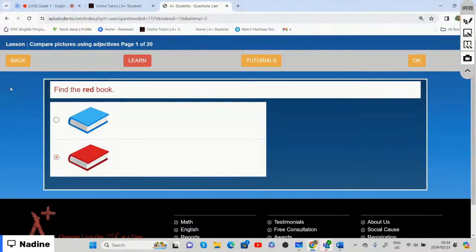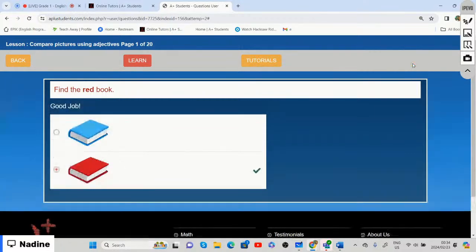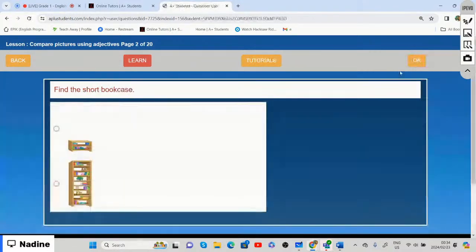So the adjective within the sentence is red, because it tells us what kind of book. It's a red book. And the second one is correct.